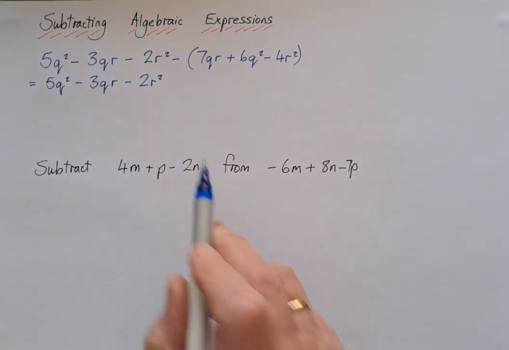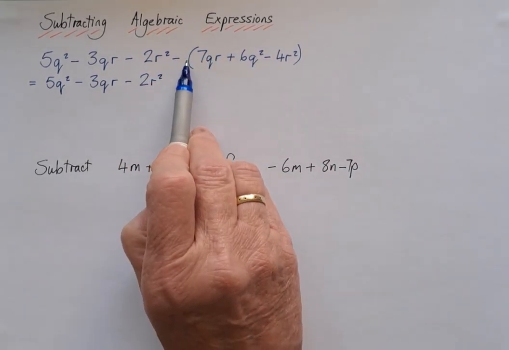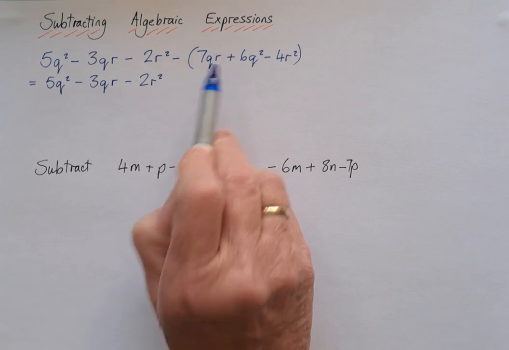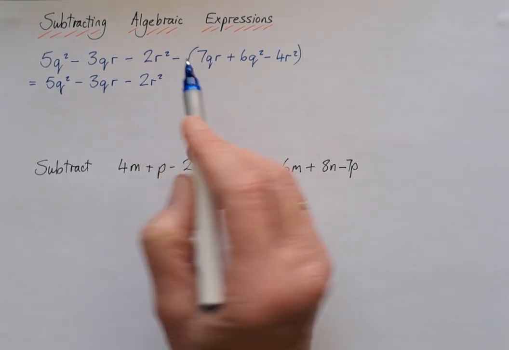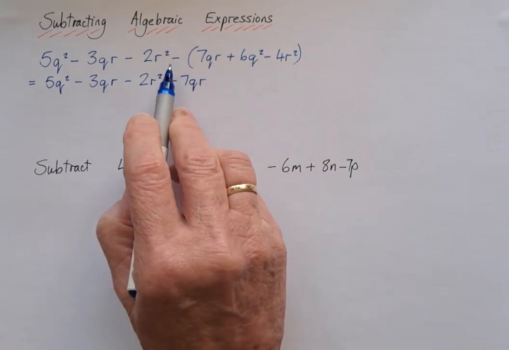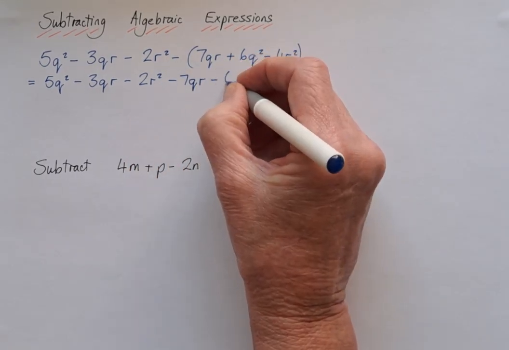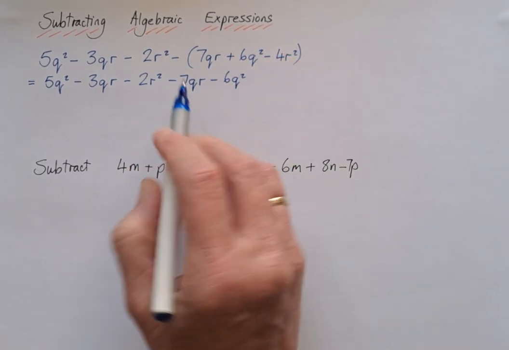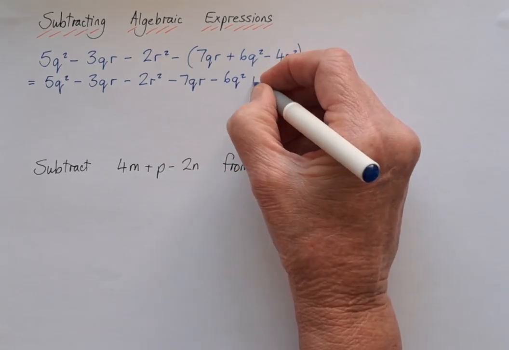And then especially remember, when there's a minus sign outside a bracket, it's going to affect the signs inside. So negative times positive is negative. Negative times positive is negative. And negative times negative is positive.